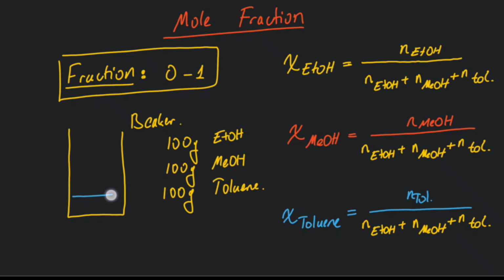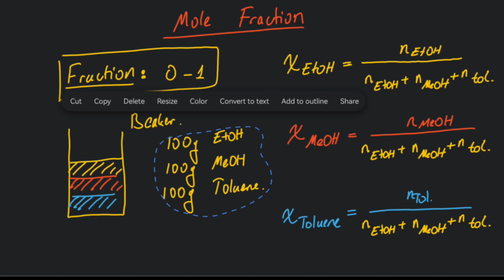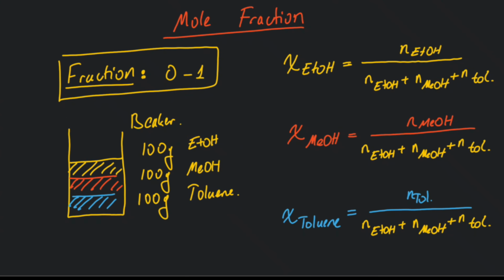So basically we have toluene, we have methanol, and we have ethanol. All the molar masses of these compounds are different from each other. And to calculate it, we have to know the molar mass of each component, right?